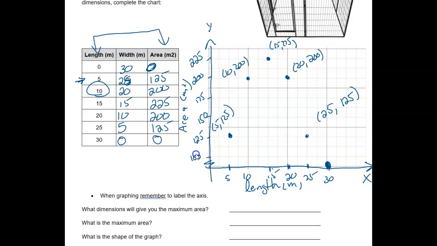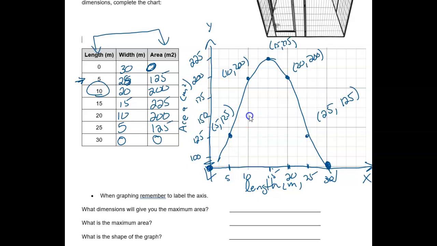And when it's 30, the area is 0. And here, I'll just fill that one in from the beginning. When the length is 0, the area is 0. So what we have here now is, if we connect the dots, we would find we have a quadratic.